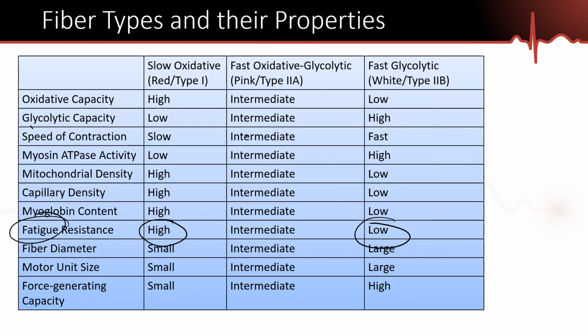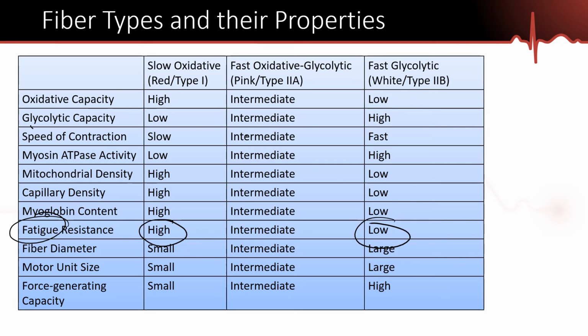This goes all the way back to the beginning of the semester too, but if the ATP demand of a fiber is higher than the production of ATP, then the byproducts of ATP hydrolysis will accumulate, and we think that those cause fatigue.